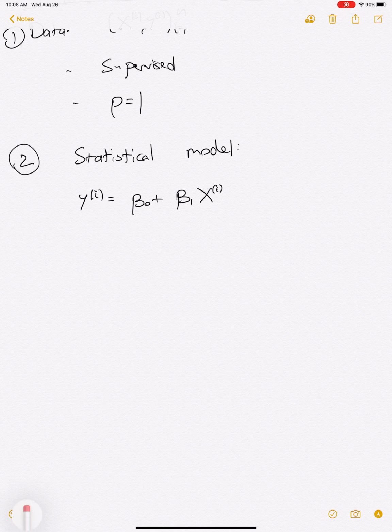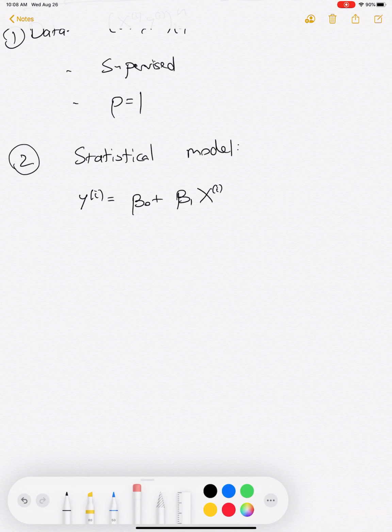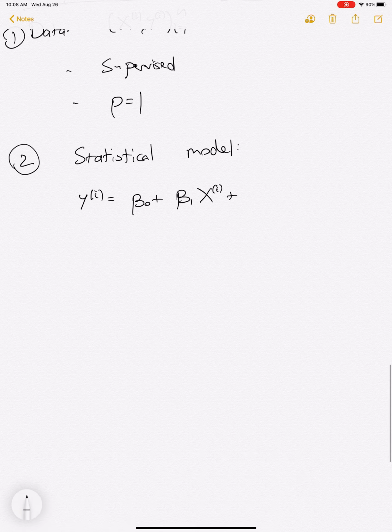So we have that yi is beta 0 plus beta 1 xi. And then very importantly, we also have some noise, because if there was no noise here, then we'd just be saying that you can get a perfect linear fit and there's no uncertainty.